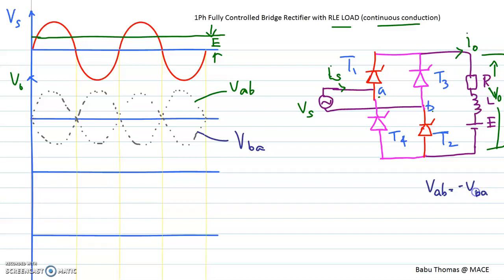And this is just for our understanding purpose for AC drawing of the system. That is, during the positive half cycle, when you are applying a positive voltage to the A terminal, T1 and T2 get forward biased, and similarly when you are applying a positive value to the B terminal, then T3 and T4 are conducting. So that is the only reason for having these two dotted lines, just for better understanding.